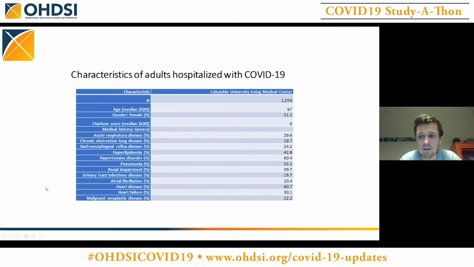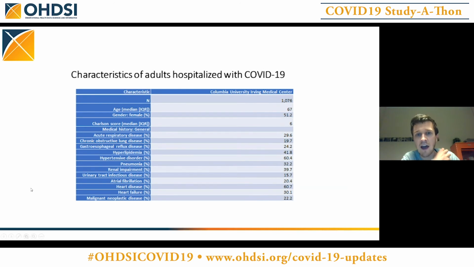And then even more recently, maybe in the last 20 minutes, we've had some data coming in on patients that currently have COVID-19. This is an example from the Columbia University Irving Medical Center and their database that's been mapped to the common data model. We ran this package and we've included 1,000 individuals, taking this broad definition that was mentioned earlier.